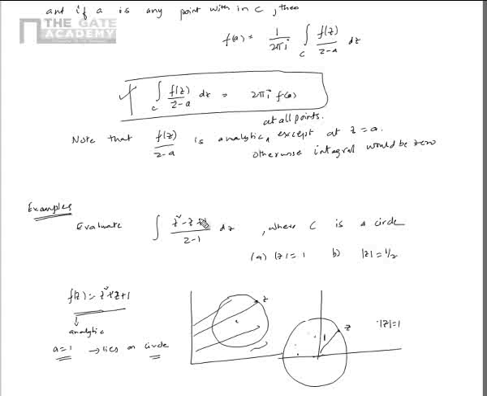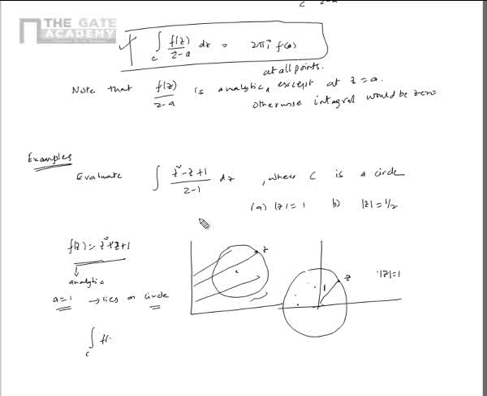So we can readily use this formula for the integral of f of z by z minus a dz. It satisfies everything: f of z is analytic within and on the closed curve C, and also a equal to 1 lies on the circle.